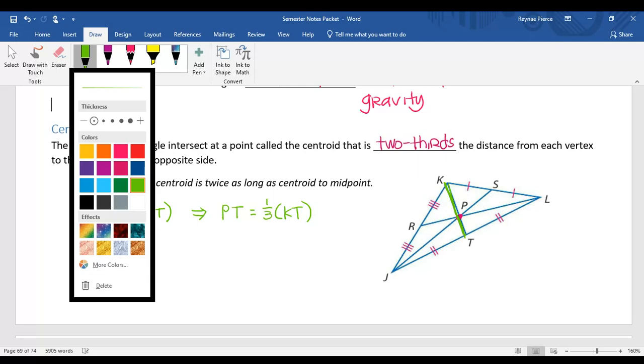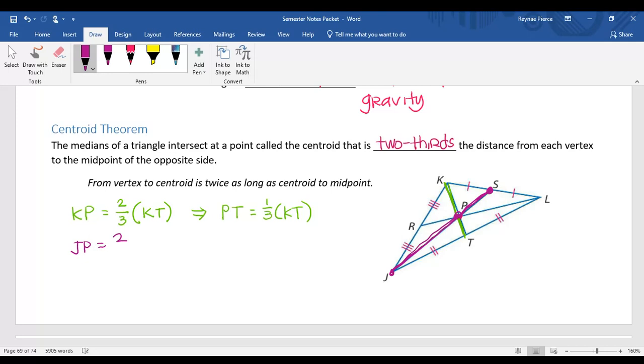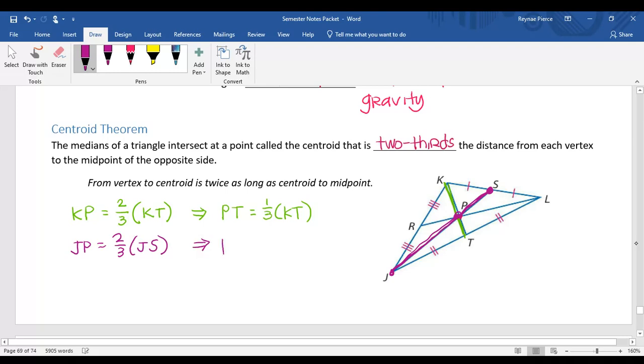We'll look at a second median. If we look at the distance from J to S, from vertex to midpoint, JP, so from vertex to centroid, is 2/3 of that total distance of that entire median. Which means that from centroid to midpoint is 1/3 of that total distance.